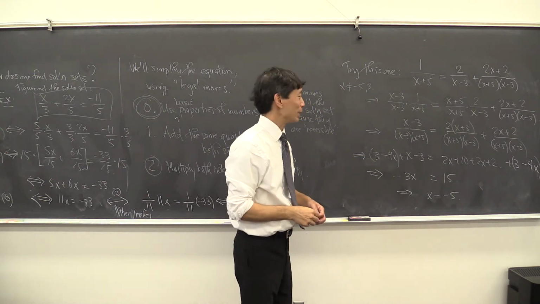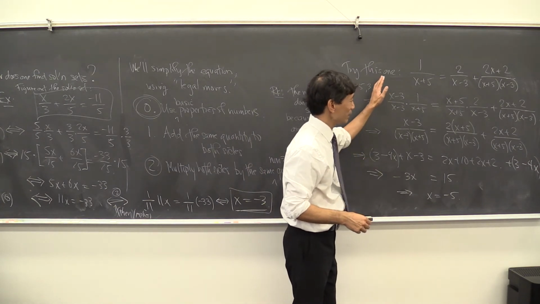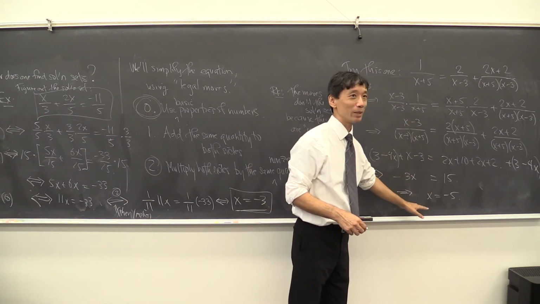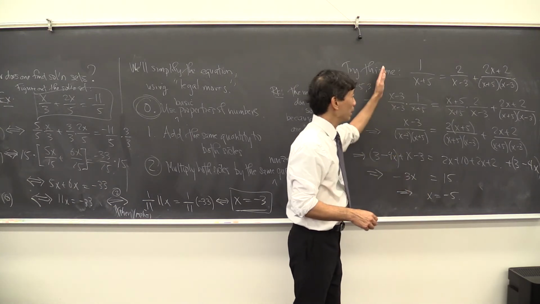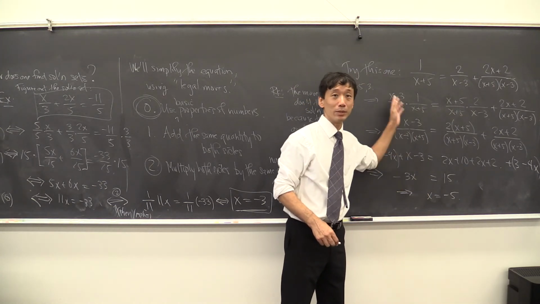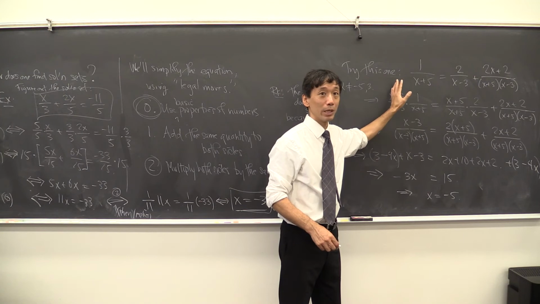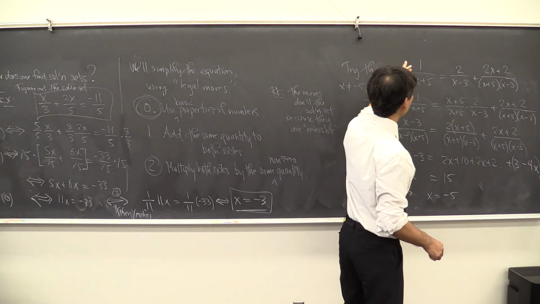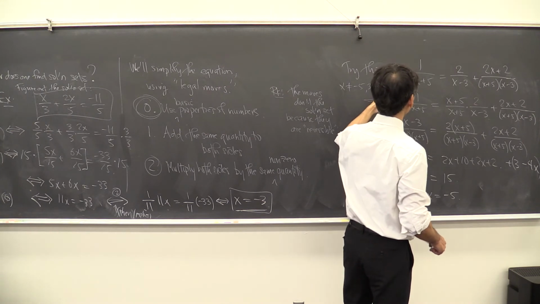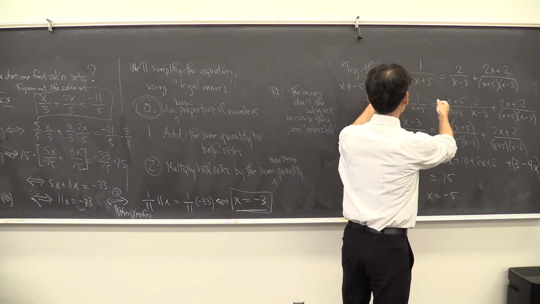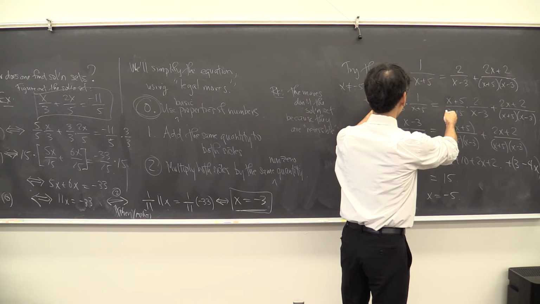Okay, so this is kind of a funny problem, but ignoring that last problem, this is how you would do it. Everybody okay with that? You have this equation, and you use basic properties of numbers to get a common denominator.